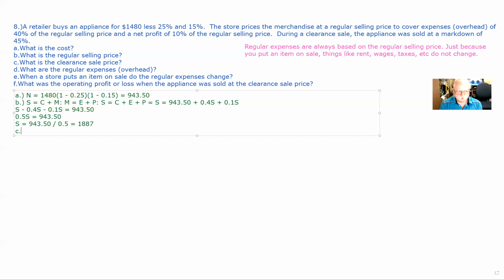And now we can look at part C, because they've told us during a clearance sale, the appliance was sold at a markdown of 45%.